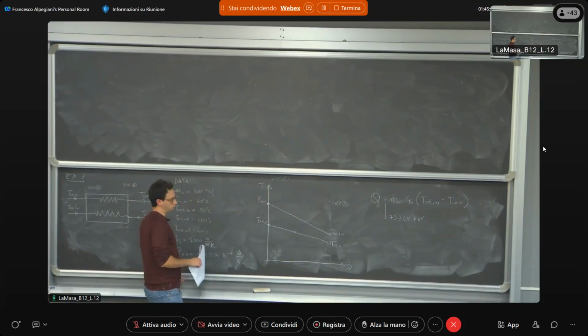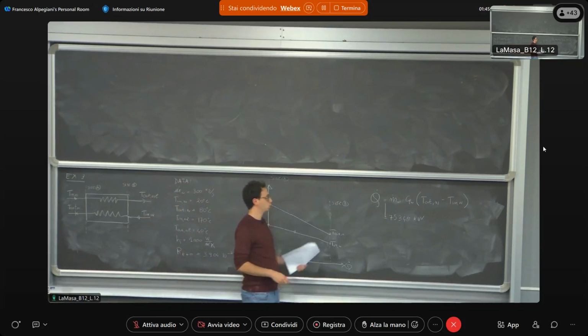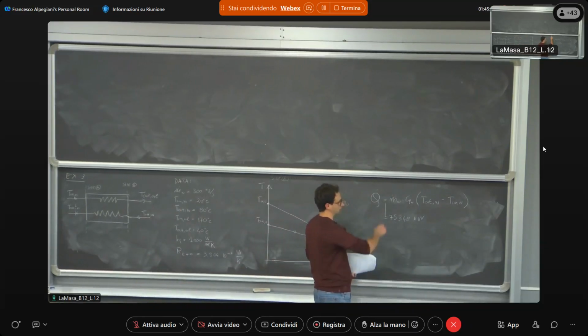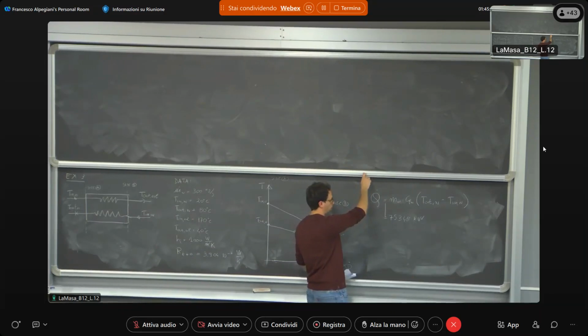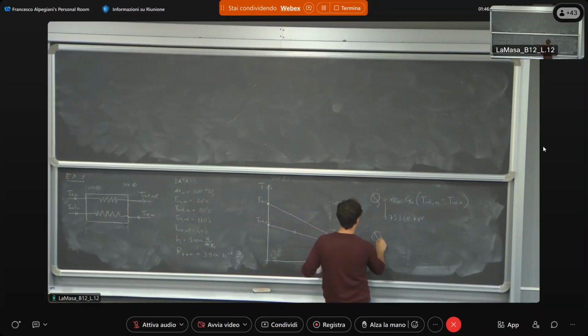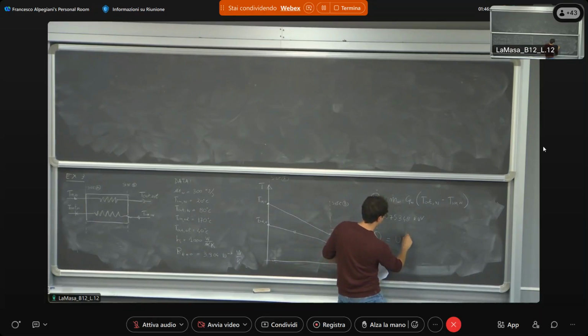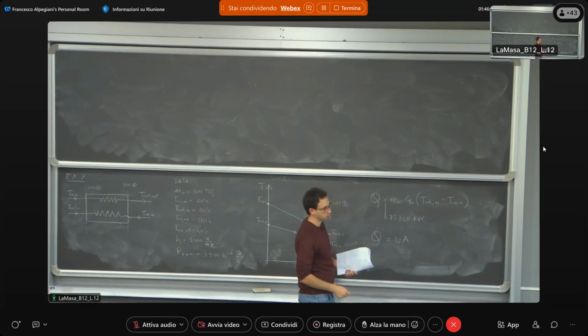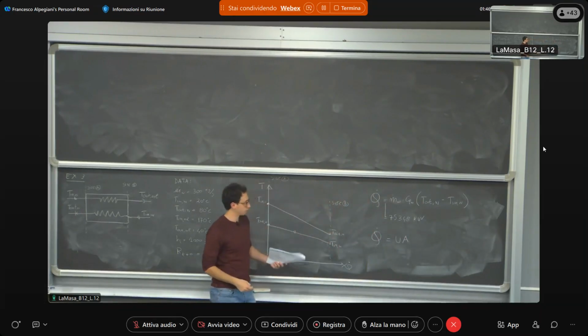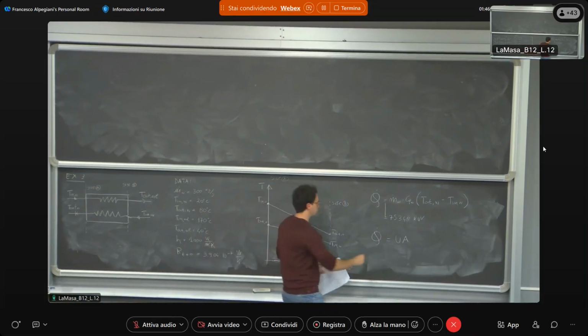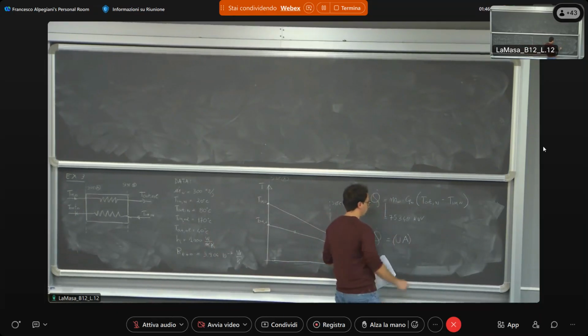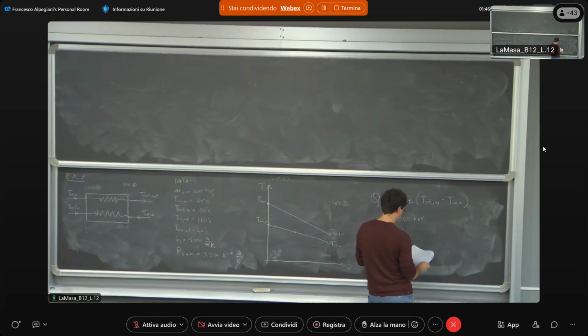You always have another way, which is related to the geometrical characteristics of the heat exchanger. So you can write that Q dot is also equal to the global transfer coefficient times the area to which the global transfer coefficient is referred, times the mean logarithmic temperature difference of the heat exchanger, which is delta T ml.